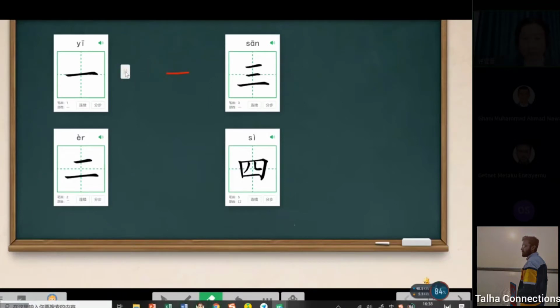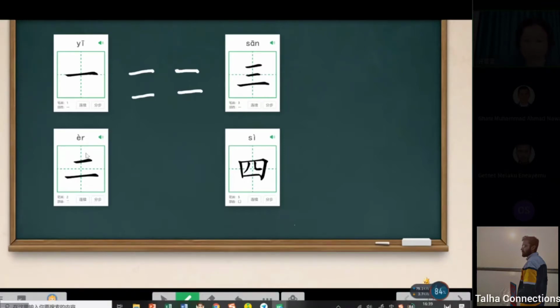I want to write it better, like I'm writing with the chalk on the blackboard. Okay, you write two or maybe three of each one, or it depends on you. If you like to write more, you can write more.